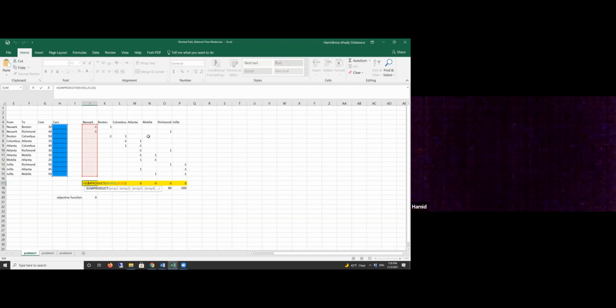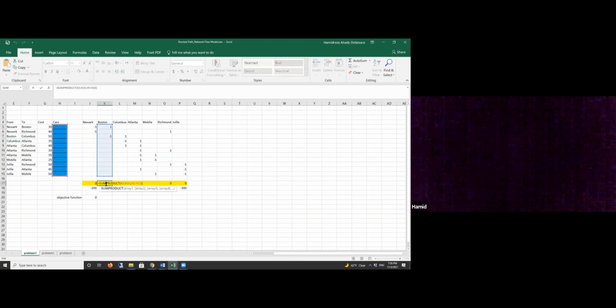Let's look at Boston. Boston appears on two links: one New York to Boston, another Boston to Columbus. From Boston to Columbus, you send out, so the sign is minus. From New York to Boston, Boston receives cars, so the sign is positive.